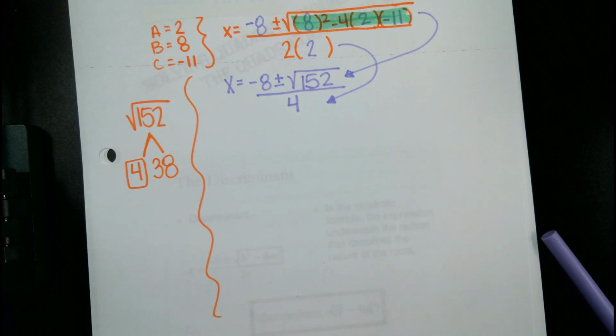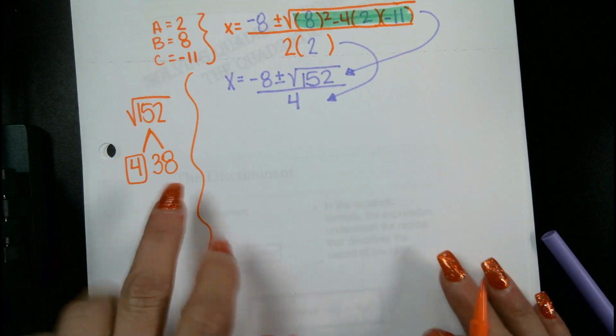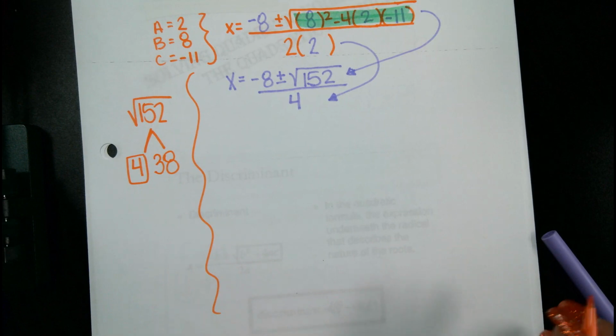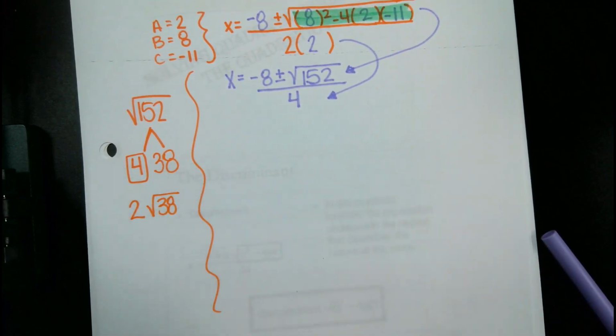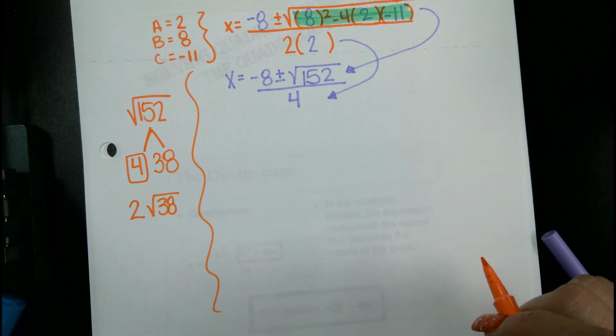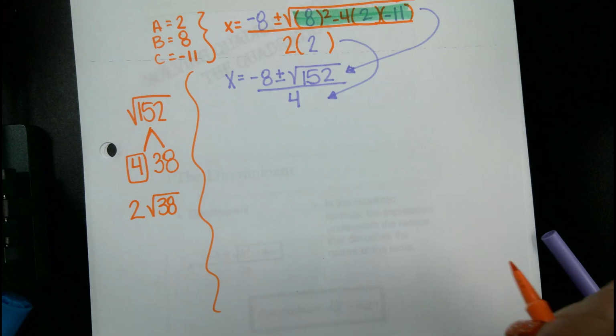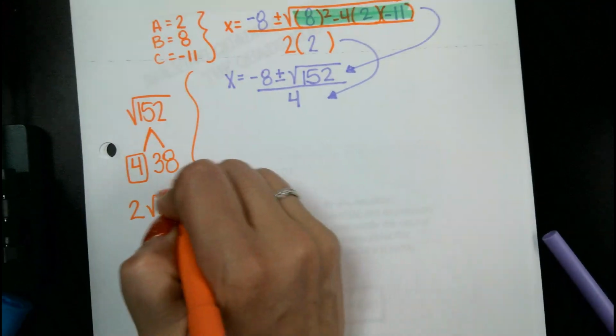Okay. All right, so it's 4 times 38. So what is the square root of 4? 2 comes out, 38 stays in. Now listen, if you look at your factor sheet at 38, it breaks down to 2 times 19, but those aren't perfect squares, so you don't break it down. You just leave it like this.